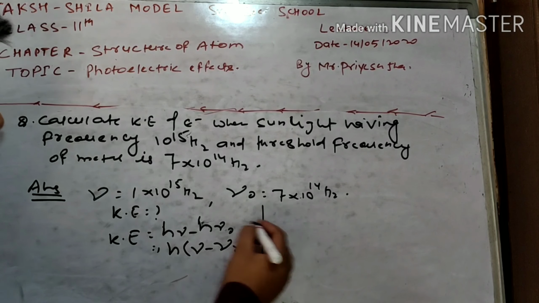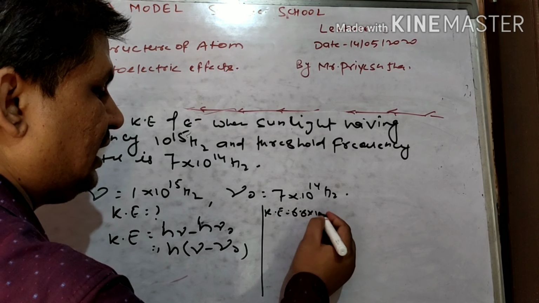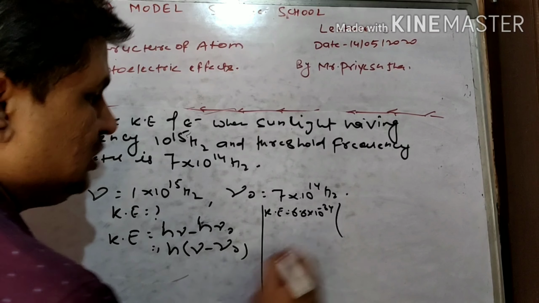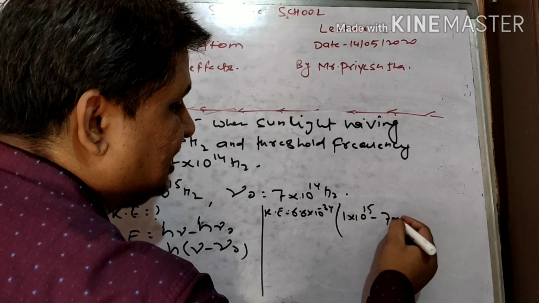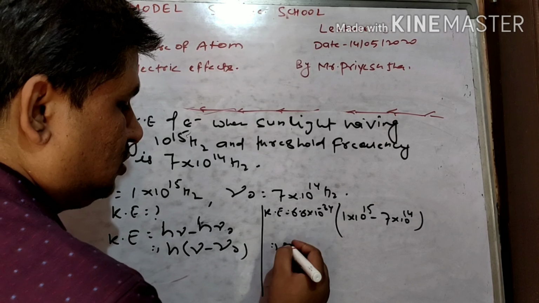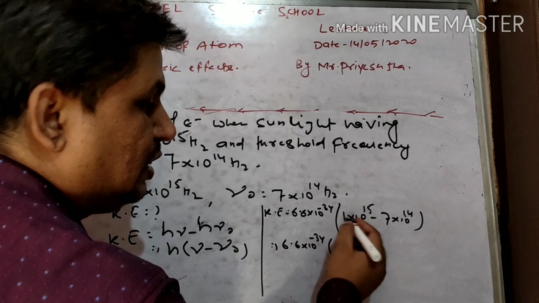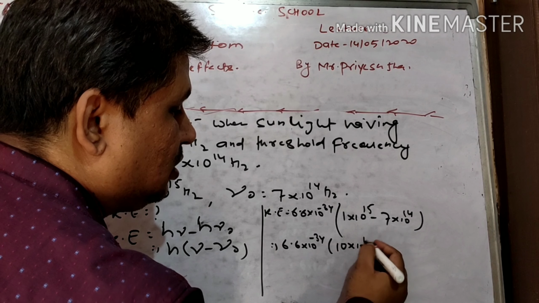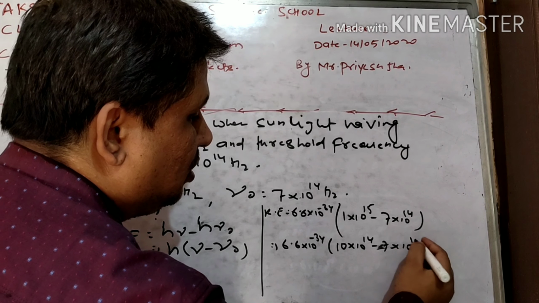On putting the value, h equal to 6.6 into 10 की power minus 34, nu is 1 into 10 की power 15 minus 7 into 10 की power 14. 10 की power 15 can be written as 10 into 10 की power 14, minus 7 into 10 की power 14.